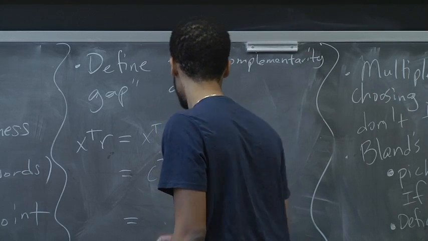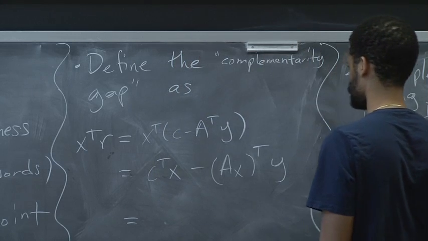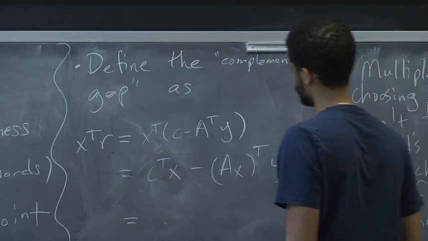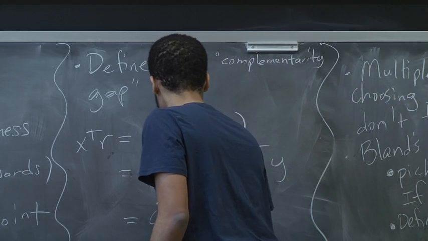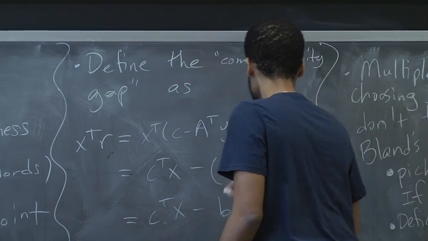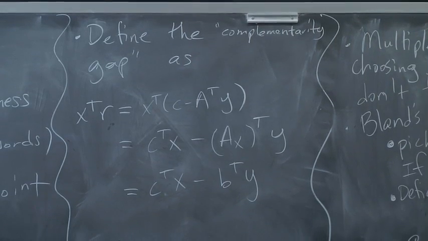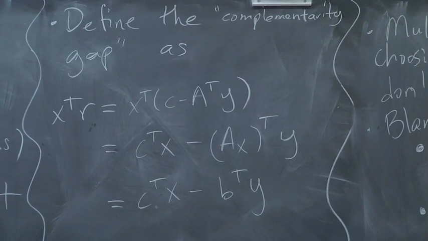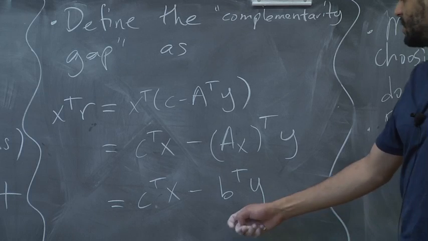So this is just C transpose X minus B transpose Y. Right? So at optimality, we know that this is 0.